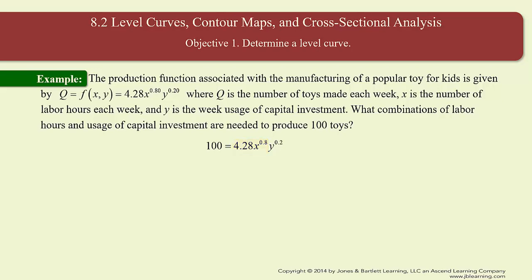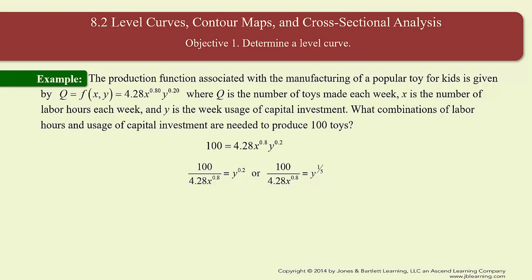And when I do that, I get 100 over 4.28 x to the 0.8 equals y to the 0.2. On the right-hand side, that y to the 0.2, well, 0.2 is the fraction 1/5.